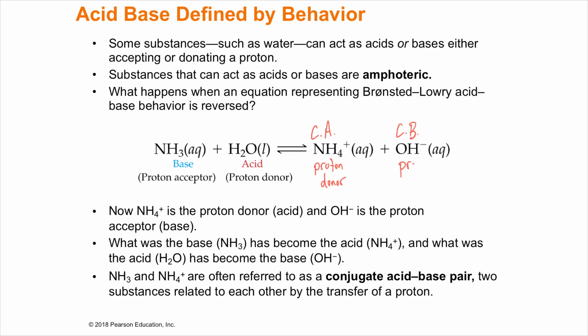And OH minus could be a proton acceptor. And so a lot of times in acid-base reactions, we use a double-headed arrow to indicate that this is what's called an equilibrium or a reversible reaction, meaning that it can kind of go both ways.